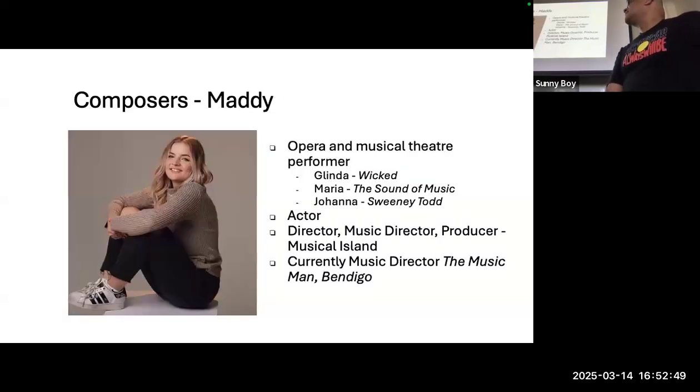And May is an opera singer. He is a director of the concept. She's currently assistant director in Lisbon.